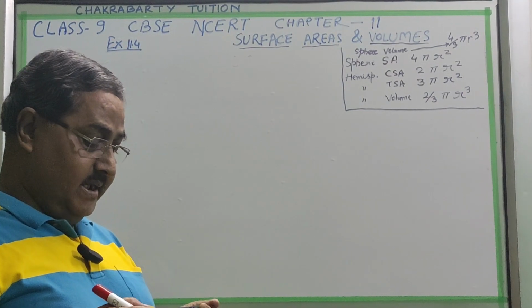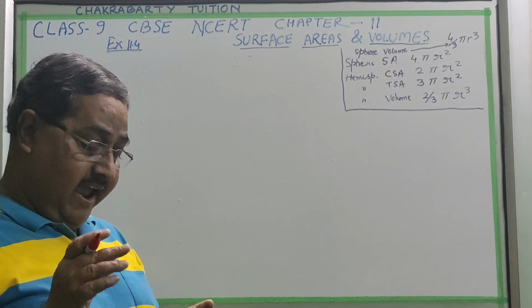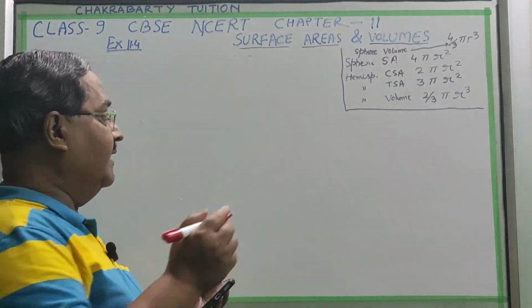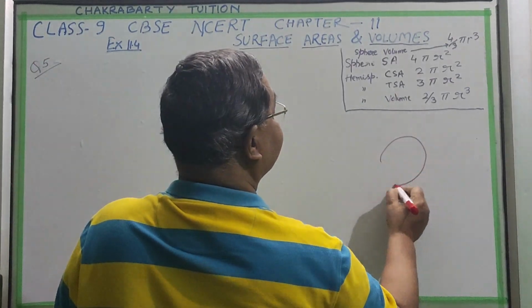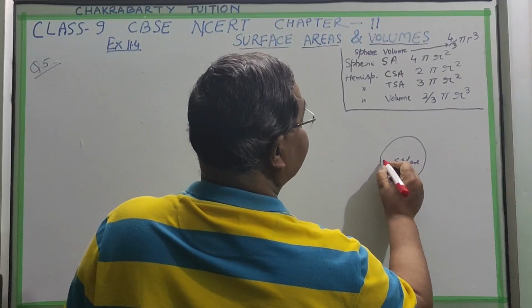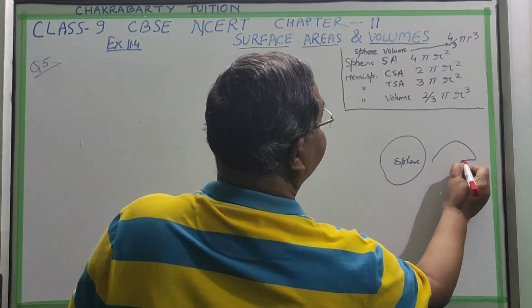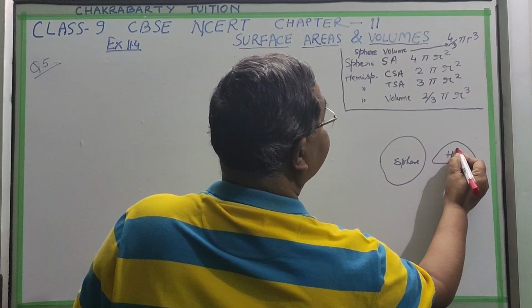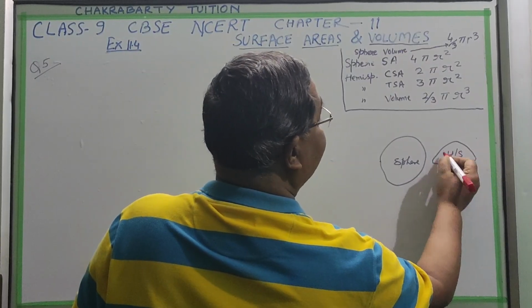Question 5. How many liters of milk can a hemispherical bowl of diameter 10.5 cm hold? Hemispherical bowl means a sphere, and hemisphere means half of it. Okay, so the bowl is like this shape.